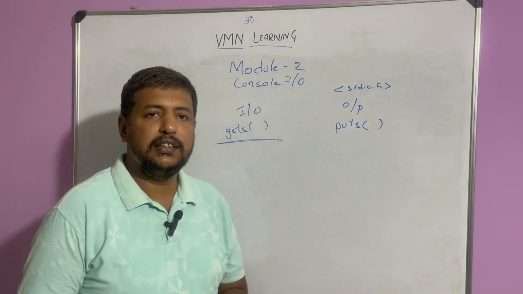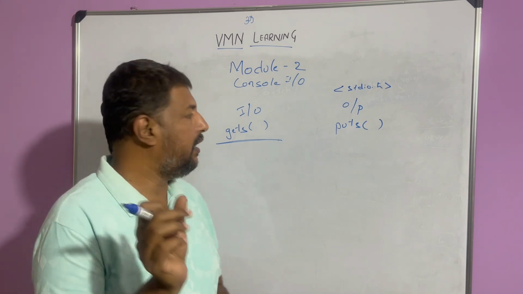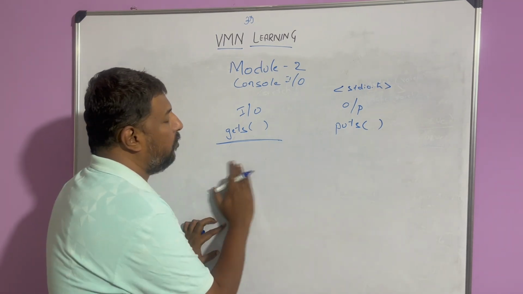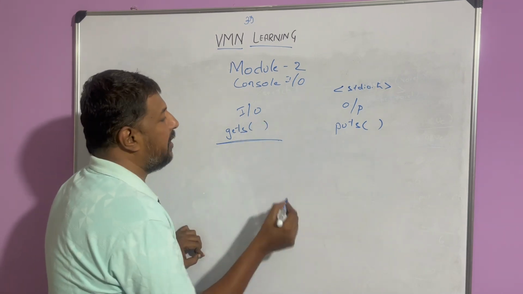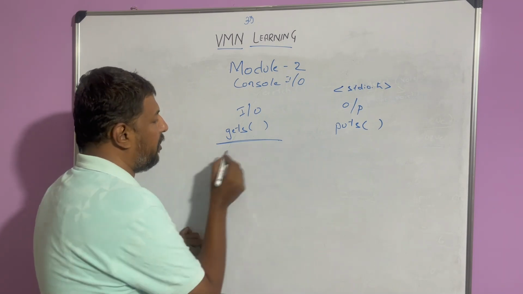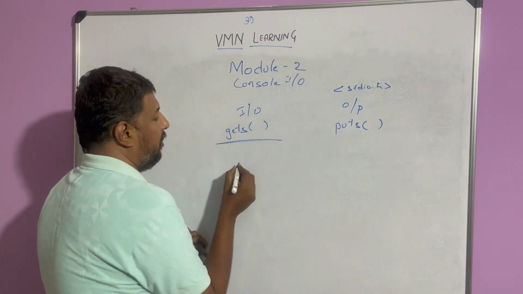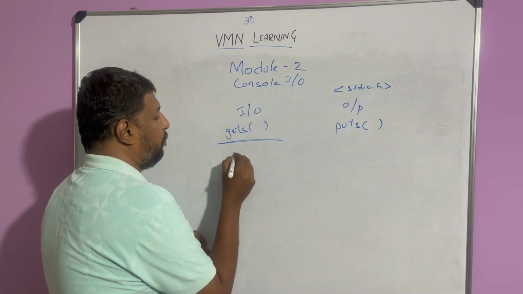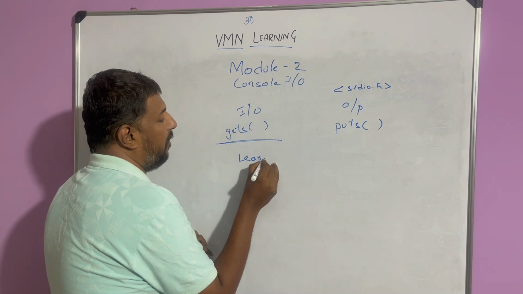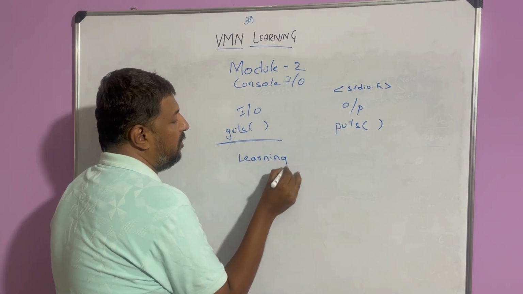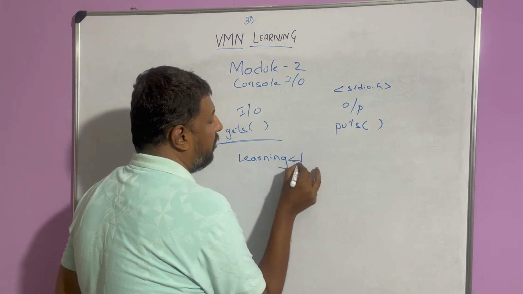So let's learn more about gets. What gets does is it reads the string. Here it will wait till enter is pressed. So I am giving an input, say "learning", and it will wait for enter.